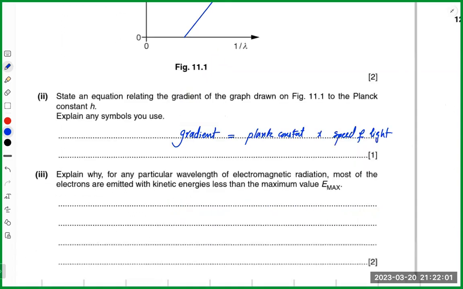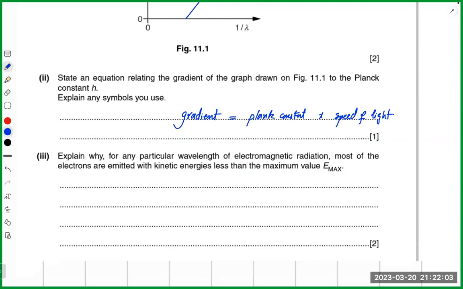Explain why for any particular wavelength of electromagnetic radiation, most of the electrons are emitted with kinetic energies less than the maximum value.